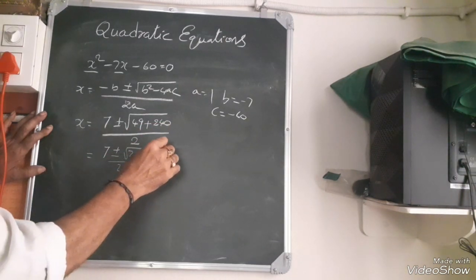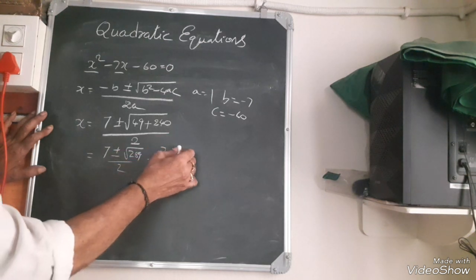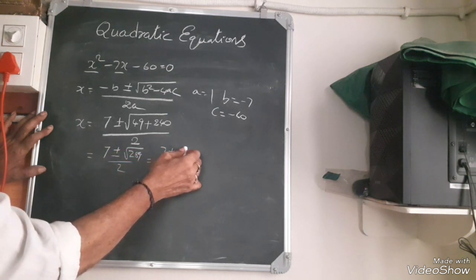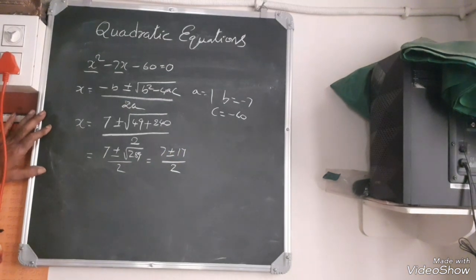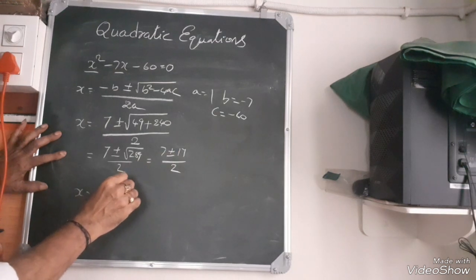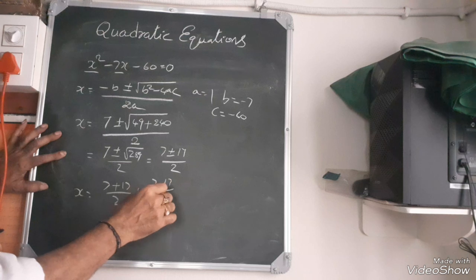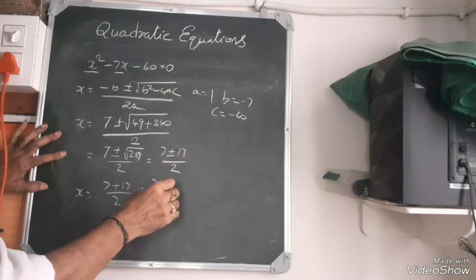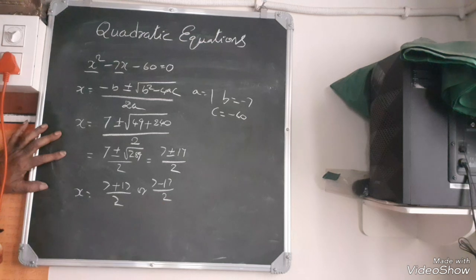This is equal to 7 plus or minus square root of 289, 17, by 2. So now x equal to, we have two values, 7 plus 17 by 2 or 7 minus 17 by 2.